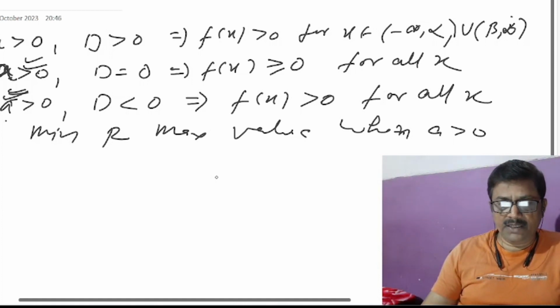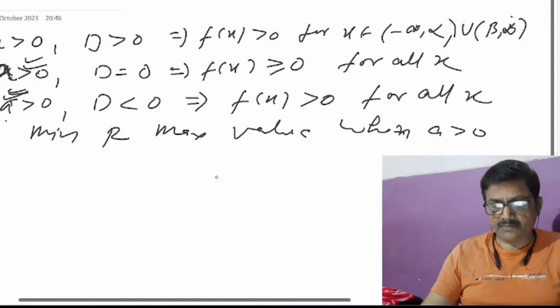When the discriminant was negative, then also the minimum value was minus D upon 4a. But when the discriminant was 0, as we learned earlier in this video, the minimum value is 0.